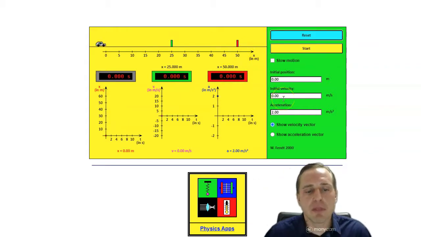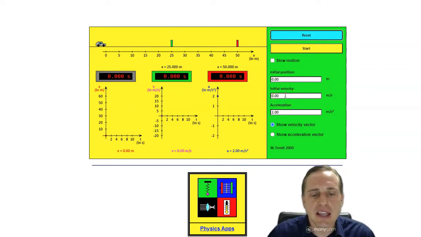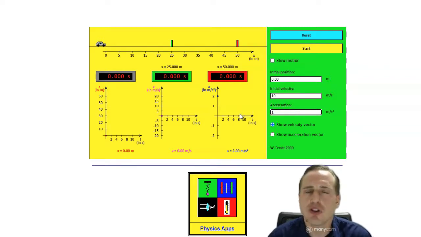What if we do something even a little more interesting? Let's give the car an initial velocity that is, let's say, positive, say 10 meters per second, and let's give it an acceleration of 1 meter per second squared. Now you should try to think about what's going to happen.